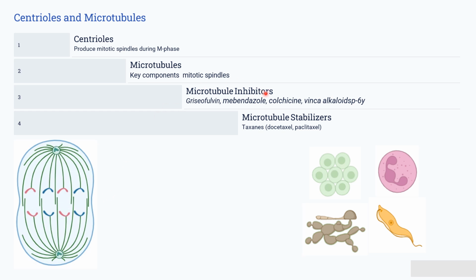Therefore, the microtubule inhibitors are anti-cancer drugs like vinca alkaloids, and taxanes like docetaxel and paclitaxel, which are microtubule stabilizers. It is the same way: if the microtubules are stabilized, then they do not shrink. If they do not shrink, the cells are not formed at all. So microtubule stabilizers are the taxanes and microtubule inhibitors are the vinca alkaloids.